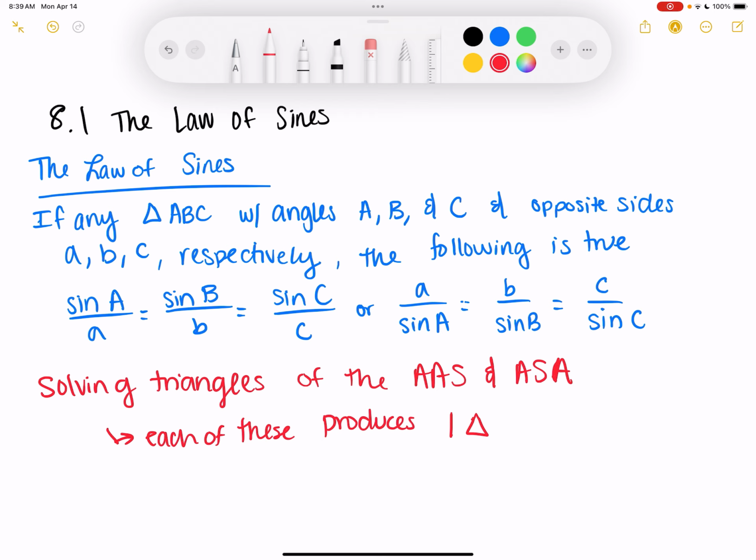Well, it's based on the information that you're given. So obviously, if you see a triangle explicitly drawn for you, that's only one triangle. But if they just give you some side lengths and some angles, that may or may not be the case, because some side lengths can produce multiple triangles. We can have different triangles that have a side length of 18, picked a random number, but the other sides dictate what they are.